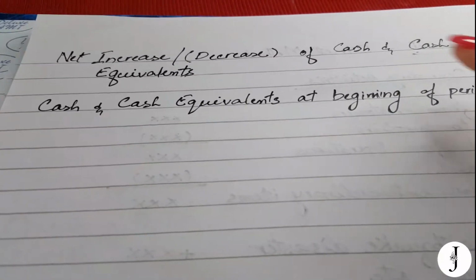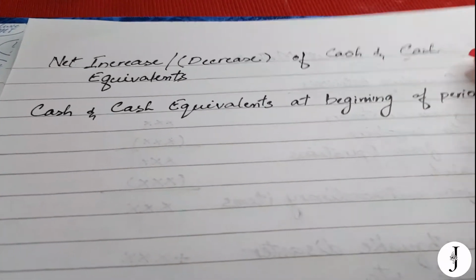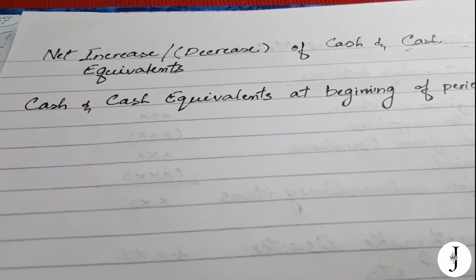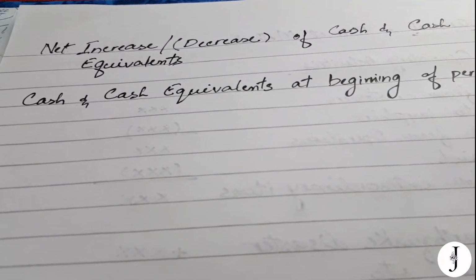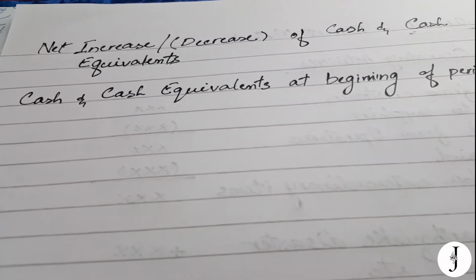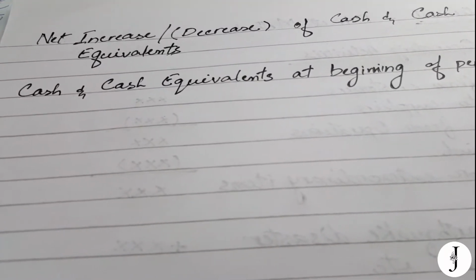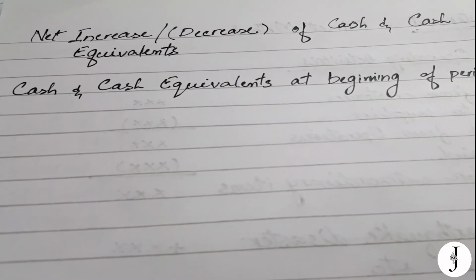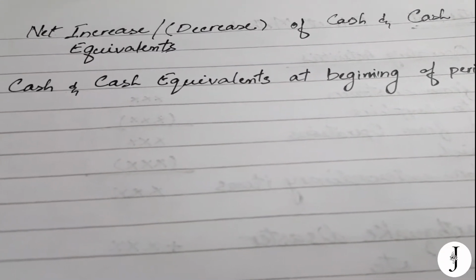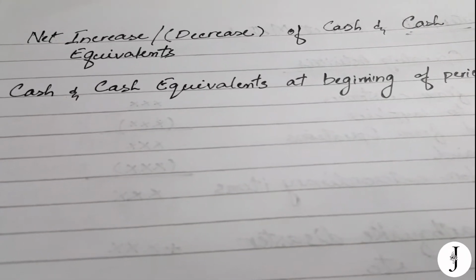When we arrive at net increase or decrease of cash and cash equivalents, and to this amount we add the cash and cash equivalent at the beginning of the period, we will arrive at the cash and cash equivalent at the end of the period, that is the closing balance of cash.